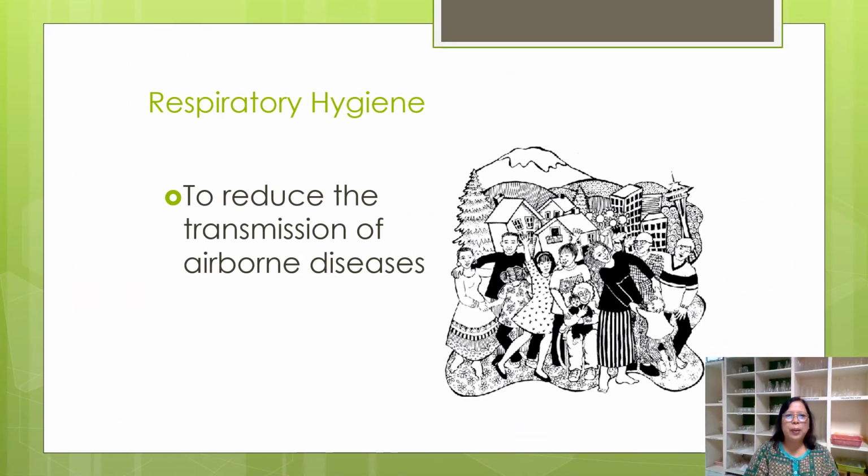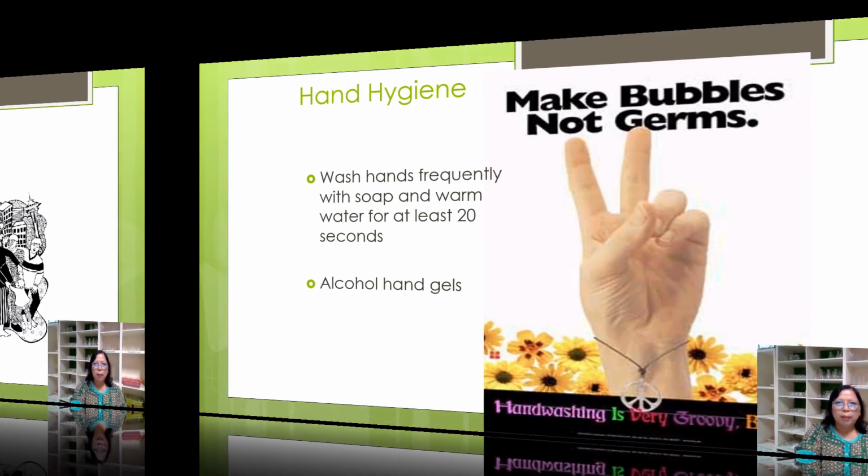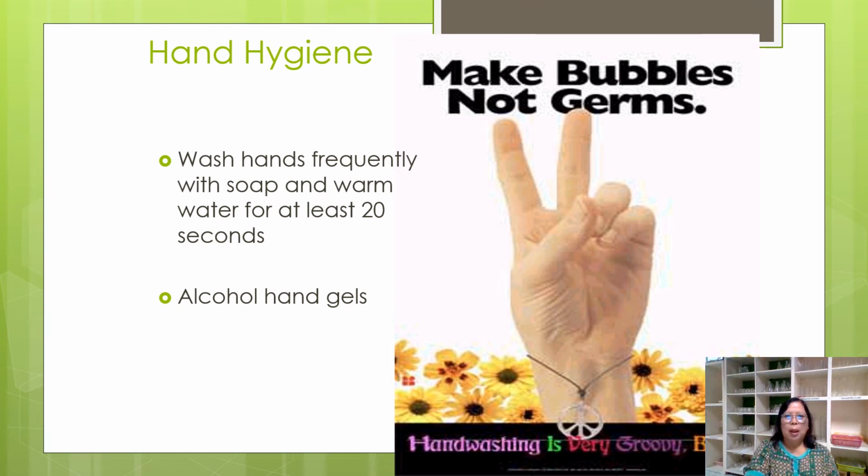Okay, let's take first respiratory hygiene. One of the objectives of respiratory hygiene is to reduce transmission of airborne diseases. Another is hand hygiene. Make bubbles, not germs.